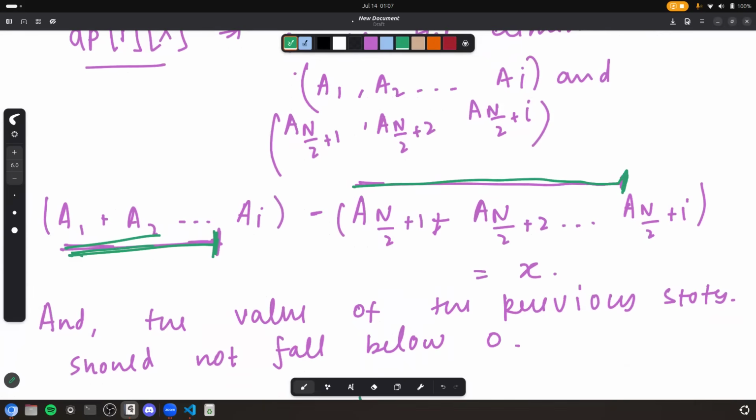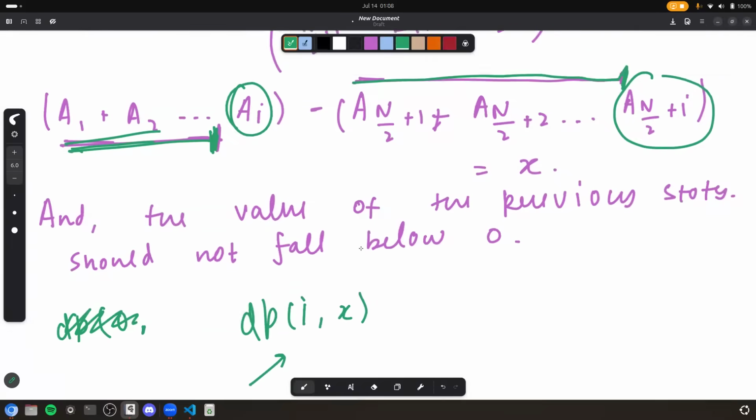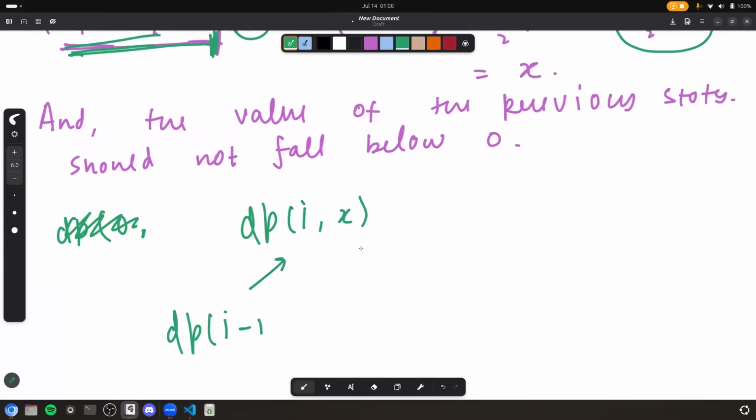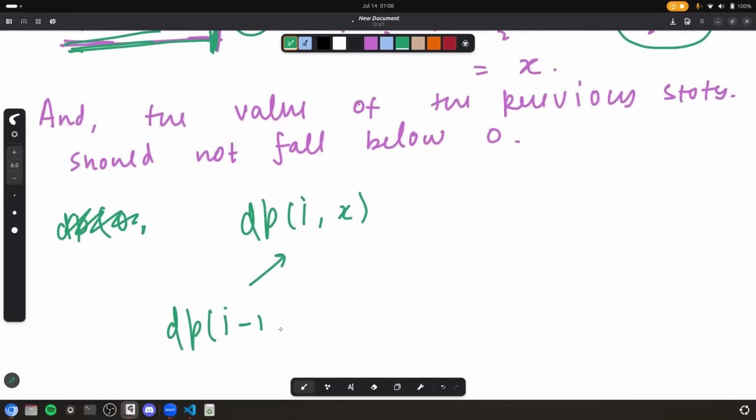So what can be the transitions? We can just iterate over all possible values of ai and a(n/2+i) and we can transition from there. So basically dp of i-1 and x-d.